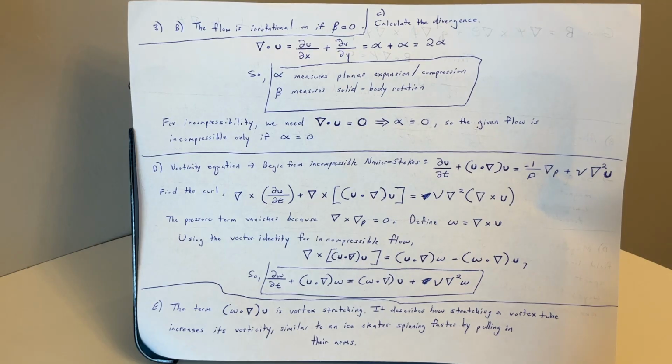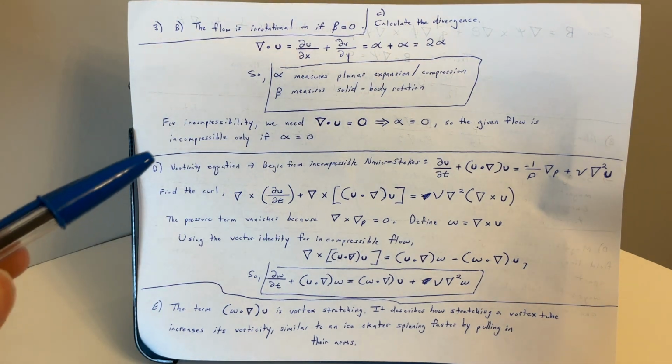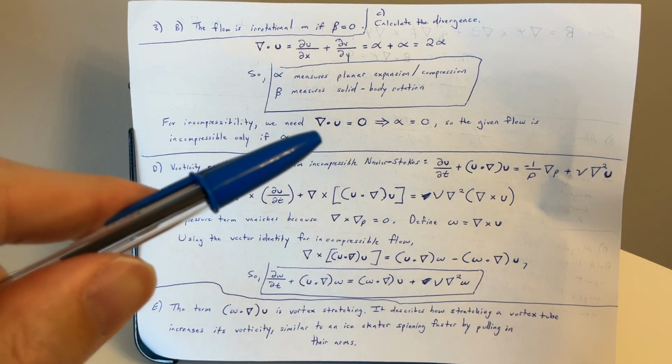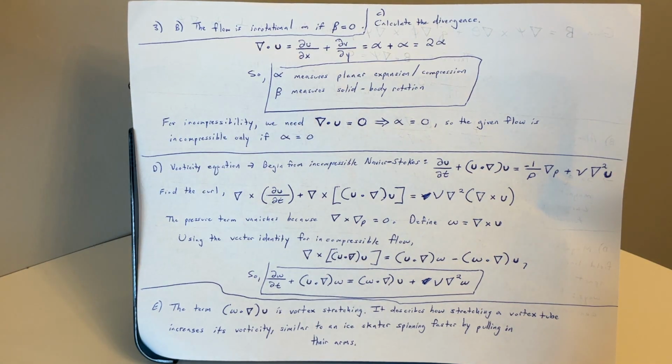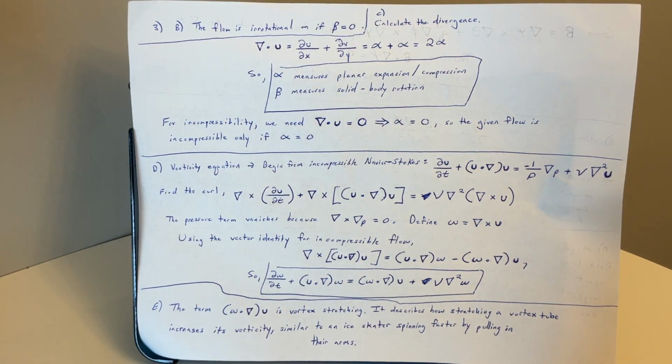So alpha measures planar expansion or compression, and beta measures solid body rotation. For incompressibility, we need del dot u equals 0, so alpha equals 0. The given flow is incompressible only if alpha is equal to 0.